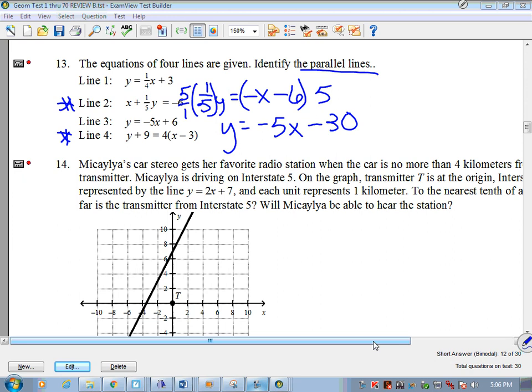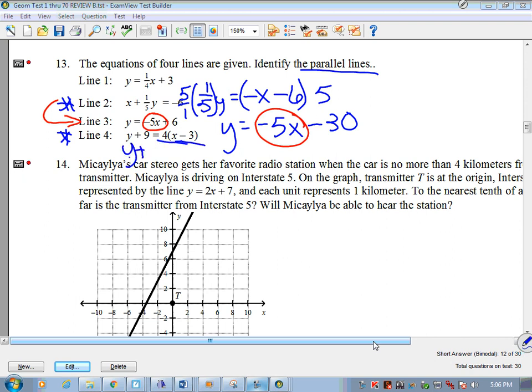Well, that tells me something here: negative 5x and negative 5x, boom, they have the same slope. Those two lines are parallel. Now, it doesn't mean that 1 and 4 aren't, but if I look at this, I'm going to distribute that 4 across these.